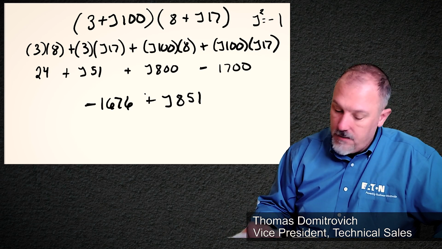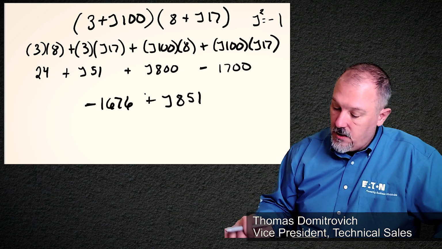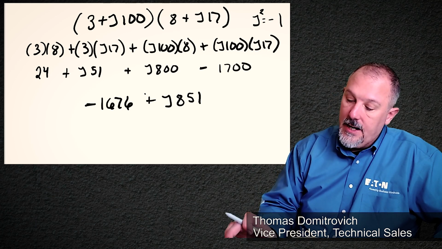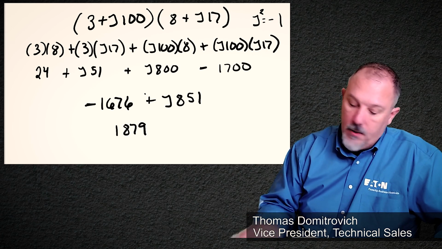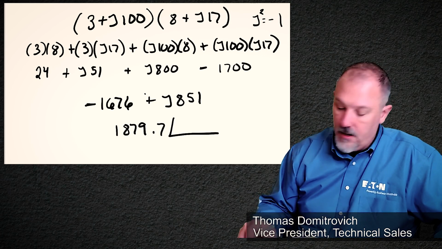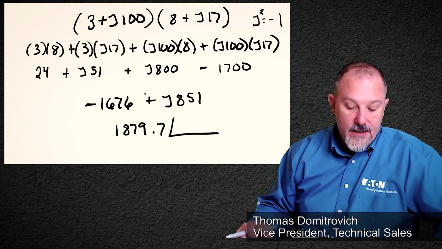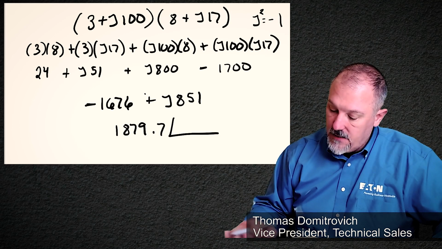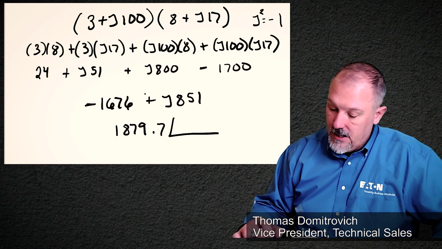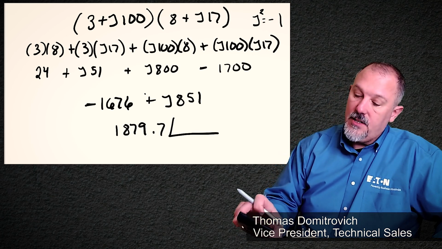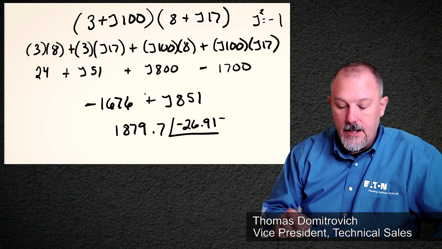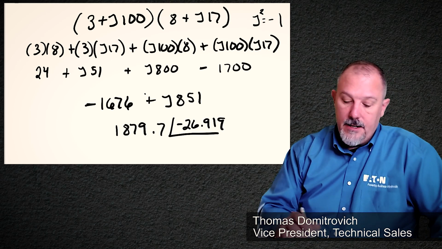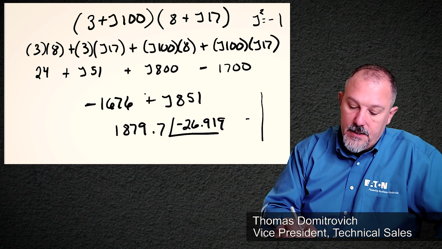1,676 squared plus 851 squared, square root is 1,879.7 at an angle of 851 divided by a negative 1676. Inverse tangent is a minus 26.919. So a minus 26.919, I look at this, that's this portion of that angle.